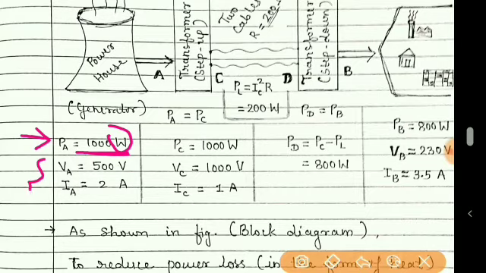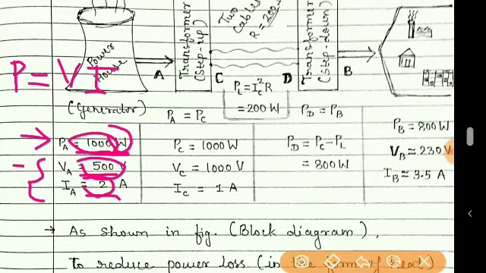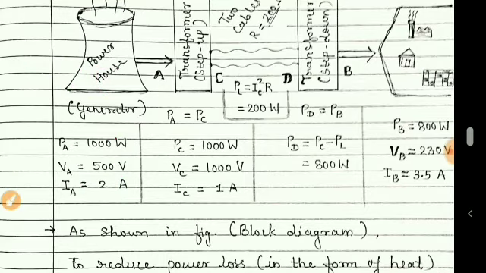Suppose for this 1000 watt the voltage is 500 and the current is 2 ampere, and we know the formula for power in terms of V and I: P is equal to V into I. So if you multiply 500 into 2, you will get 1000. So power of 1000 watt is generated at 500 volt and 2 ampere current at point A, means at this powerhouse.